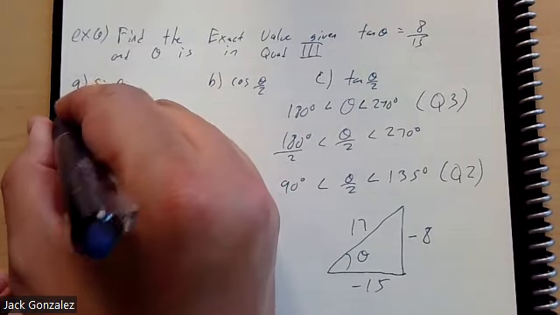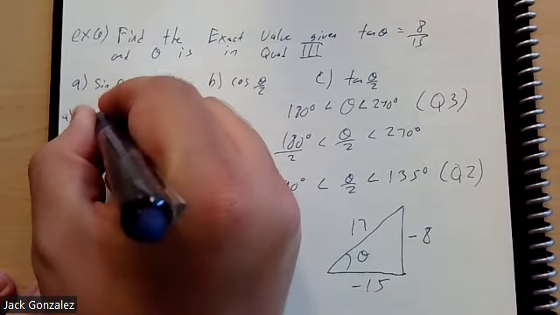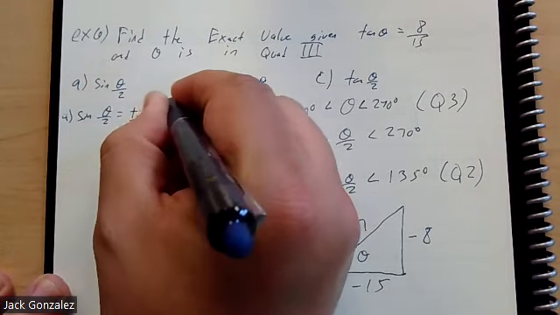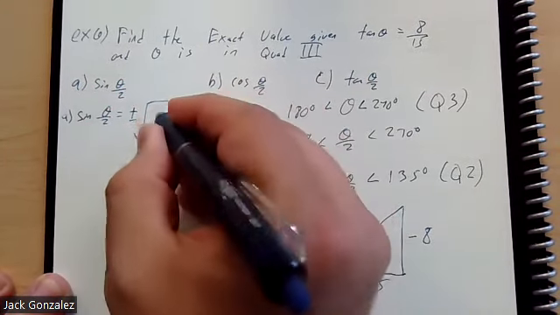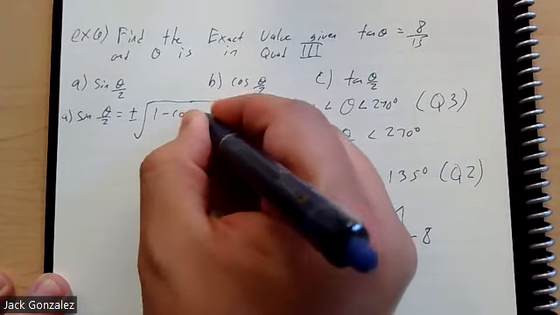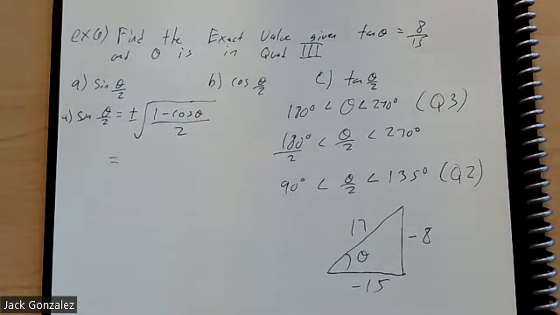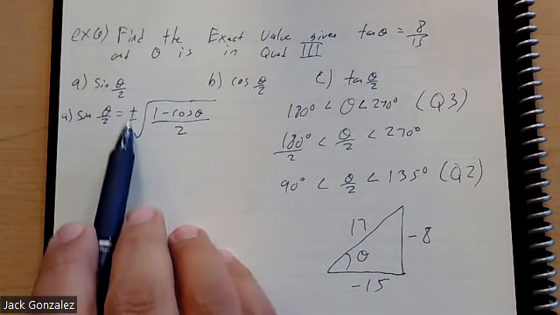So part A, sine theta over 2 is equal to plus or minus square root of 1 minus cosine theta over 2. Depending on where theta over 2 is, that's when you choose the plus or minus.